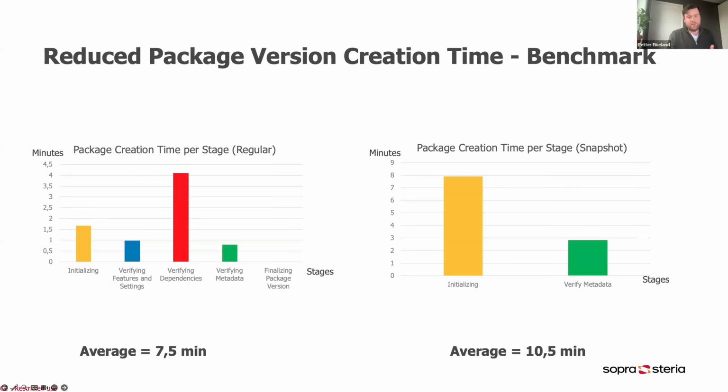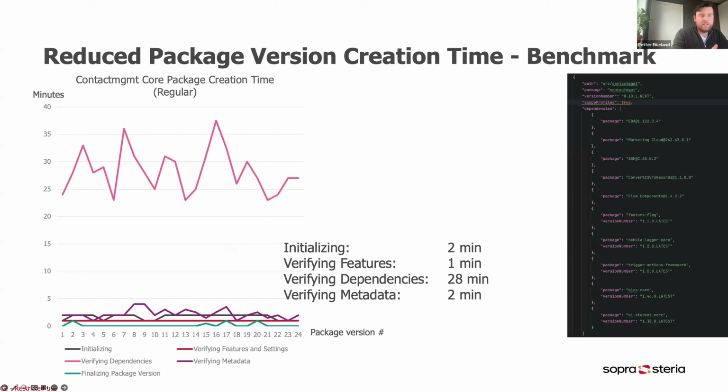But we also ran this on our packages with a lot more dependencies to see if we could get some performance boost there instead. On the right-hand side, you can see a lot more dependencies: the Education Data Architecture, the Marketing Cloud package. These packages take a really long time to install as part of the dependencies. As you can see here, almost all the time for this package version creation is stuck on the verify dependency step.